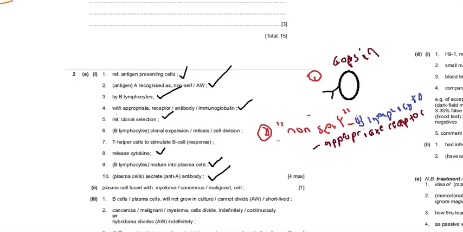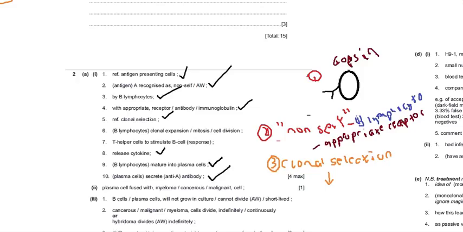After that, the B lymphocyte undergoes clonal selection, which means the B lymphocyte reproduces. So the first thing that happens is clonal selection, as we said here.